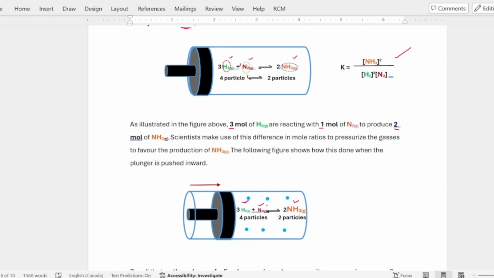As such, the forward rate temporarily became greater than the reverse rate, and that is why there was an equilibrium shift to the right. Inert gases, because they are not active reactants, are not capable of influencing an equilibrium shift. However, they do cause an increase in pressure if they're inserted into the gas mixture.